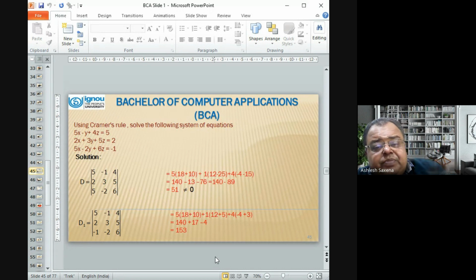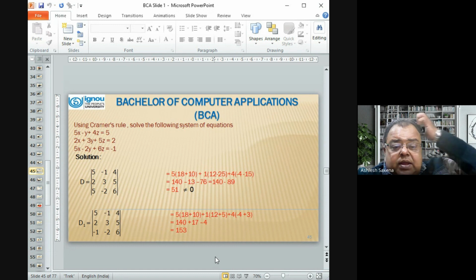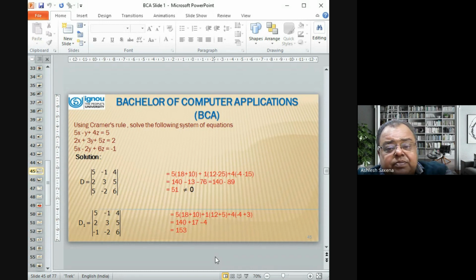Open it up: 5 into 18 plus 10. Again minus 1 is there, so it will become plus 1 into 12 plus 7. Third one is plus 4, and it will be minus 4 plus 3. On solving, you will get 153.